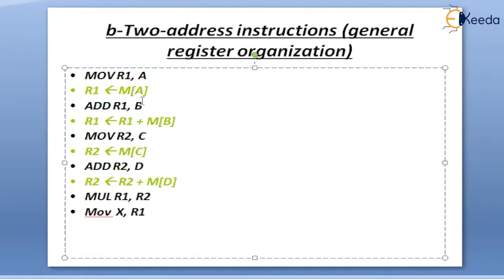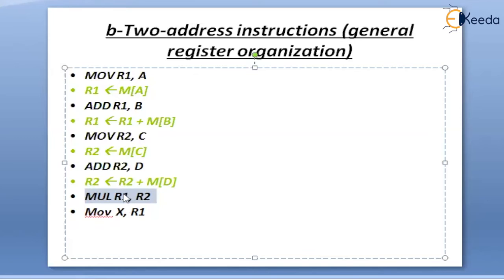As R1 is equal to A plus B and R2 is equal to C plus D, now we need to perform A plus B into C plus D. That is R1 into R2. So what we'll do is MUL R1, R2. R1 and R2 will get multiplied and transferred to R1.